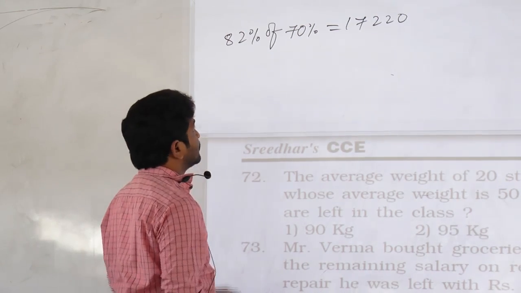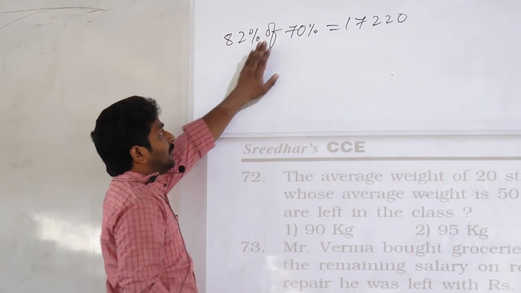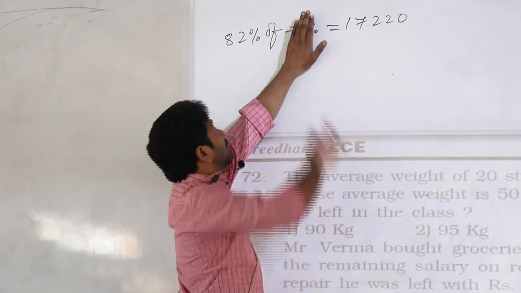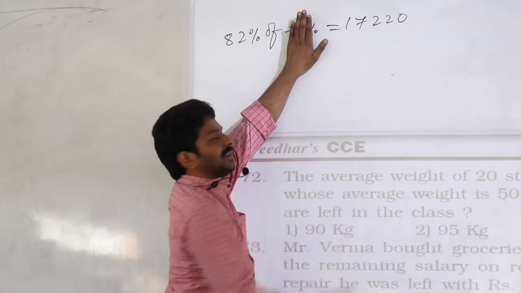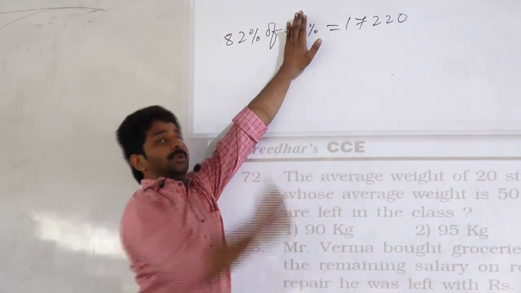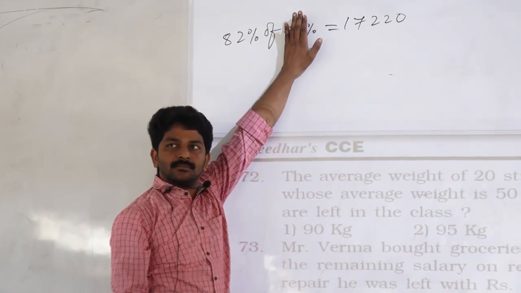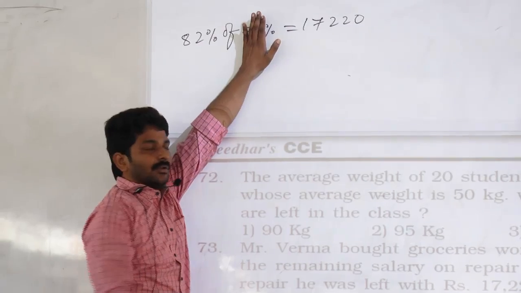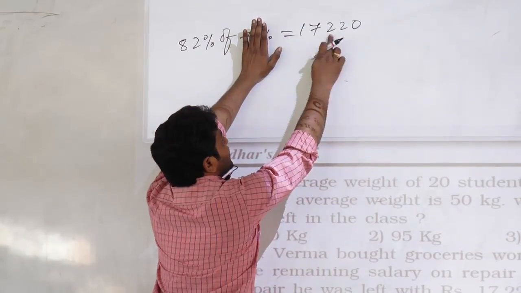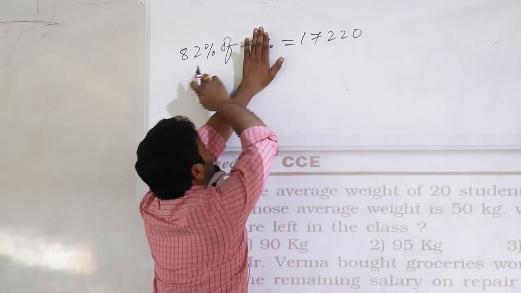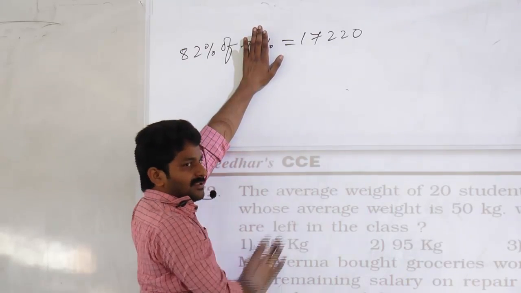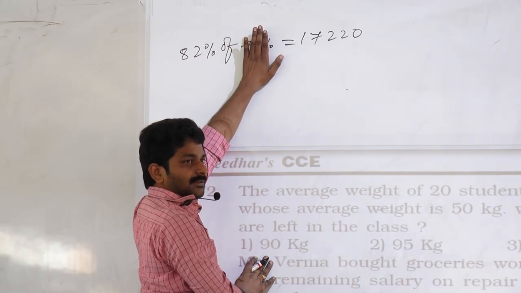Now, forget about this. Let me identify the difference relation between 82 and that number. 82 2 times is 164. Apart from 164, how much extra you have? 8. And then 2. 1 time and then 0. Right?